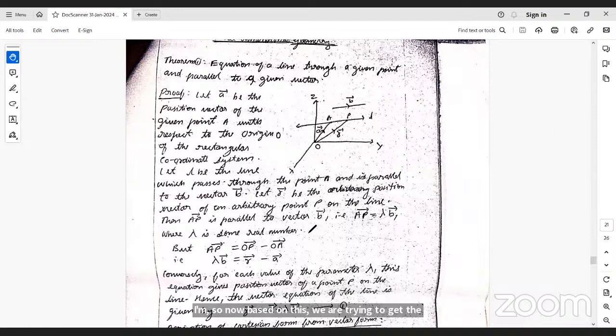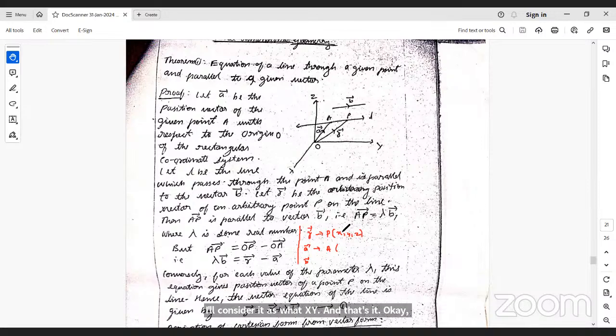Pay attention here. R is the position vector of the point P, and A is the position vector of the point A. And then we have vector B. So in Cartesian form, I will consider the coordinates of the point P as x, y, and z.